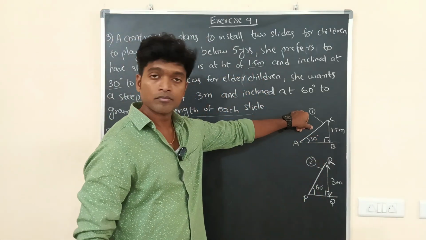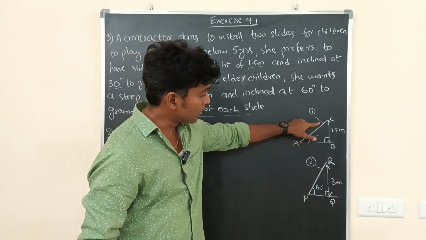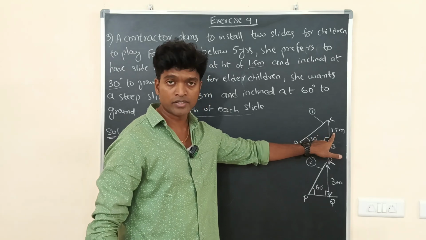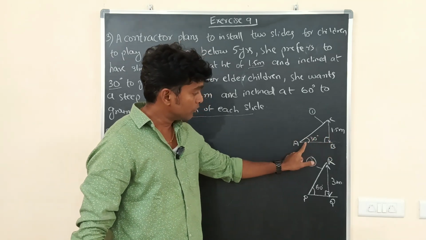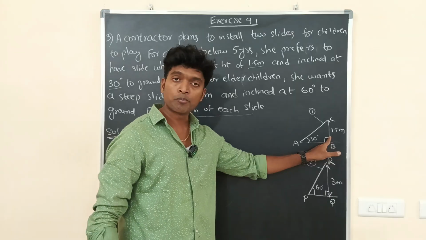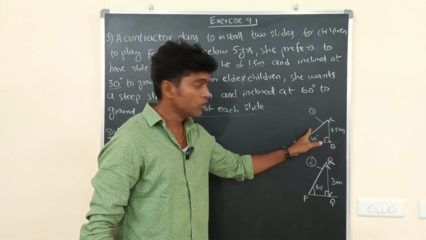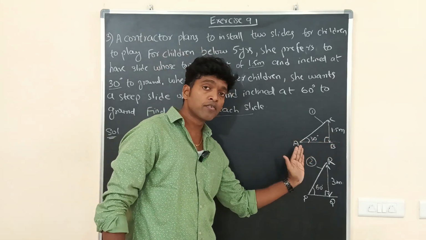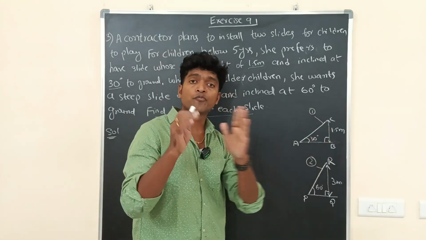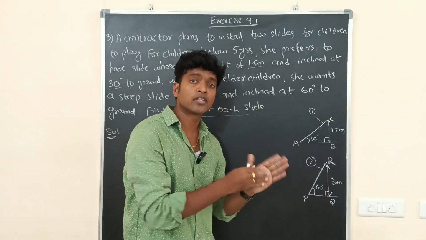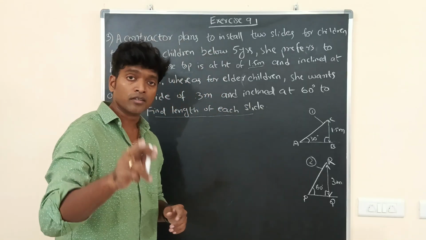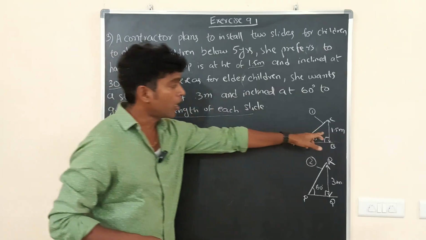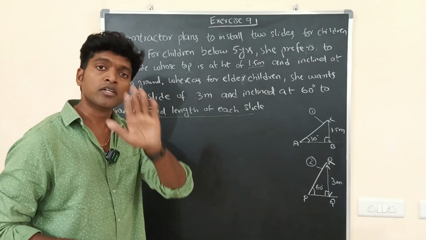We have to find this length, which is the hypotenuse, and we have the opposite side, 1.5 meters, for this angle. Angle and opposite side are given. Sine is opposite side by hypotenuse. So we have to use sine.